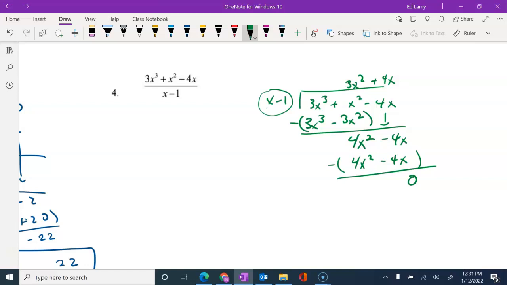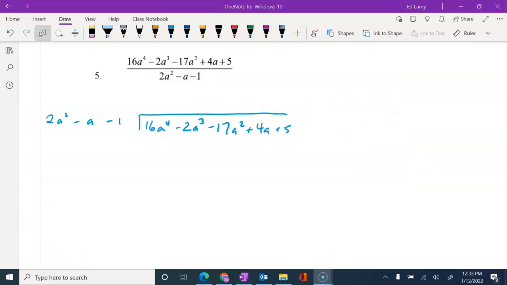Yes, 24 divided by 8 is 3. 24 divided by 7 is 3 with a remainder. So 8 is a factor of 24, so is 3. But we can say in this case, x minus 1 is a factor of the dividend when the remainder is 0. That's an important thing to remember.